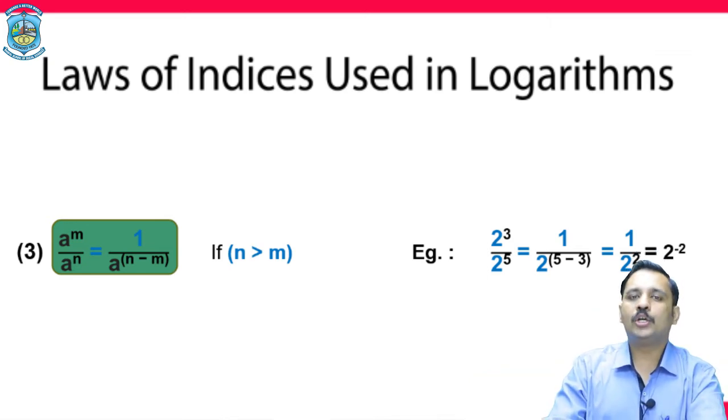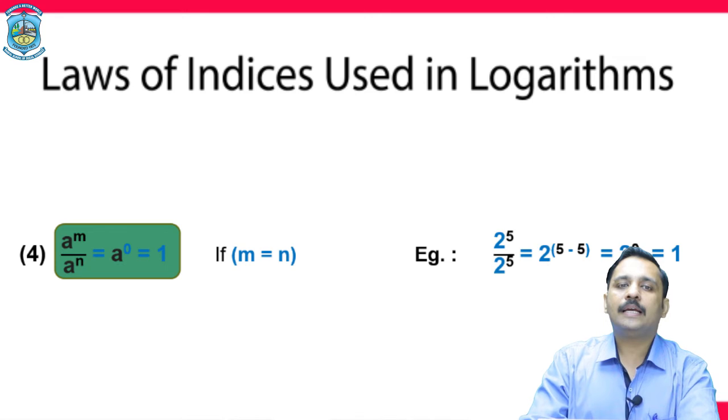For example, 2 raised to power 3 divided by 2 raised to power 5, here this 5 is more than 3, so we can write it as 1 upon 2 raised to power 5 minus 3, that is 2. So it is 1 upon 2 raised to power 2, or I can also write it as 2 raised to power minus of 2.